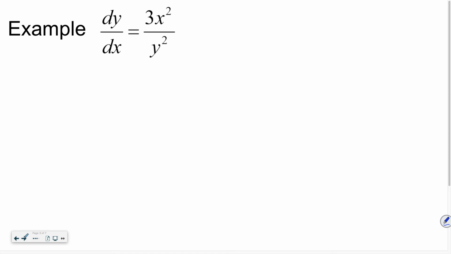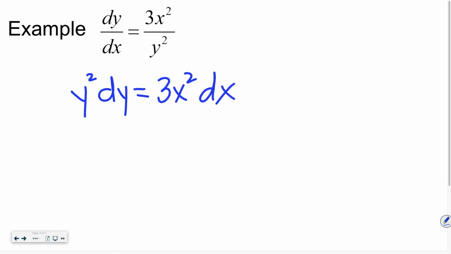Okay, so we have dy dx equals 3x squared over y squared. I want the y's with the dy and the x's with the dx. What could we do? We could cross multiply, right? We could multiply over the y squared to be with the dy, and we can multiply the dx over with the 3x squared.